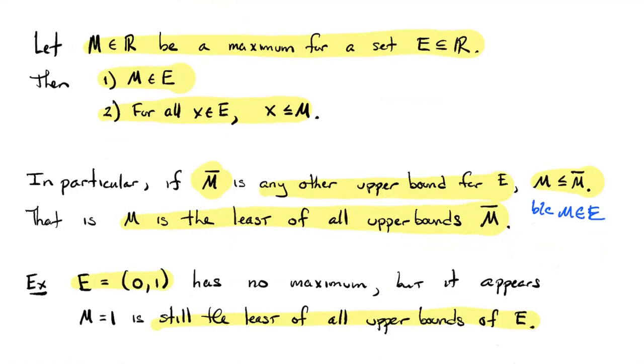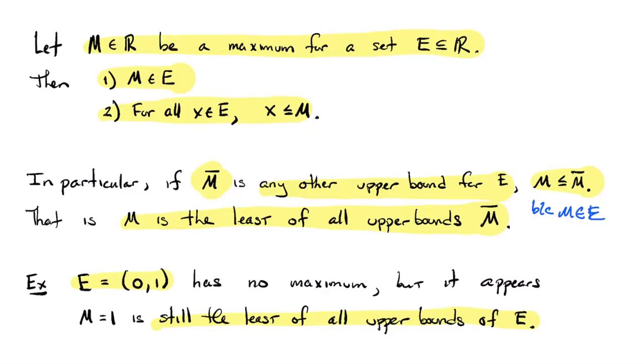If you take any number less than 1, it's not an upper bound anymore. You should stop the video and think about everything I'm talking about here in terms of minimums and lower bounds. My set E also doesn't have a minimum. But the number 0 is the greatest of all of its lower bounds.